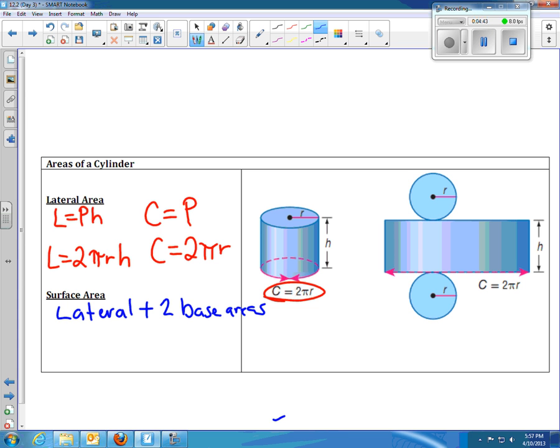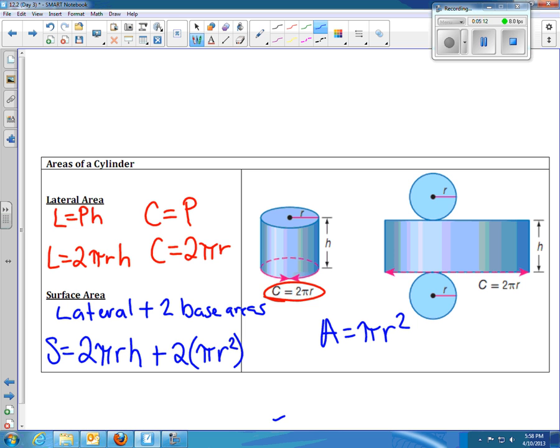We're going to do our lateral area, which was 2 times pi times the radius times height, plus 2 base areas. Well, our bases are circles. So 2 times the base areas. Area formula for a circle was pi r squared. So we're going to do 2 to represent both bases times pi times r squared.